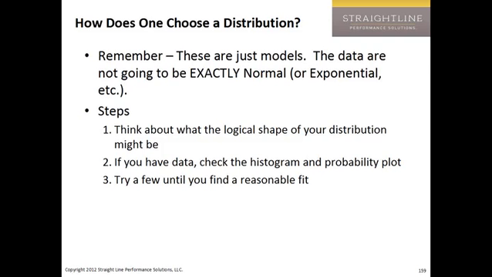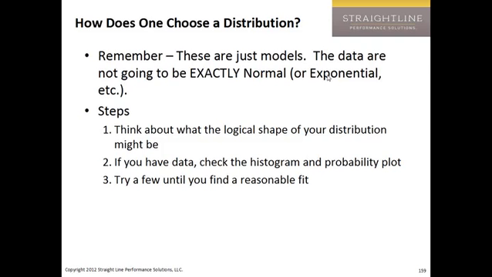But generally speaking, many of these things have a left-hand limit of 0. So if you have something that has a left-hand limit of 0, that might indicate that you have a skewed distribution. So for example, many cycle time distributions are skewed. So it's important to think about that. Many manufacturing processes tend to be normal. Many lifetime or reliabilities might be exponential. So those are the types of things you start out with.